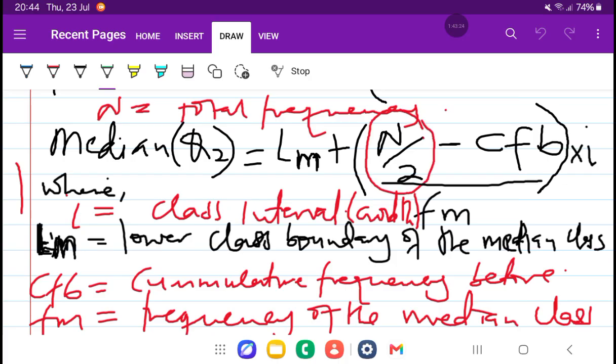N over 2 becomes, if we are looking for Q3, it will be 3 over 4 times n. So it will be 3n over 4. If we are looking for the Q1, then that one will be 1 over 4, or it will be n over 4.